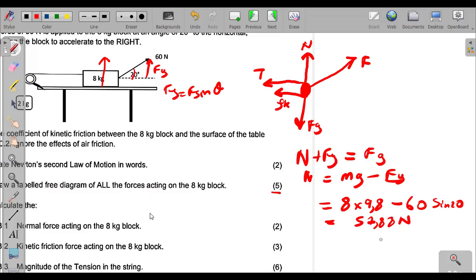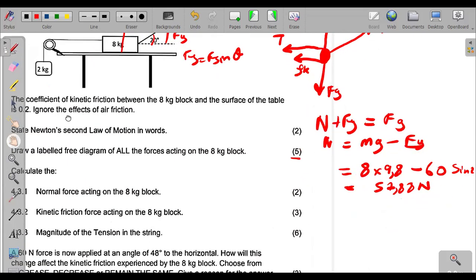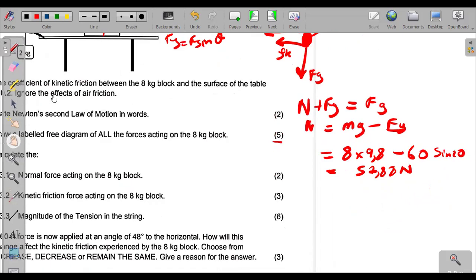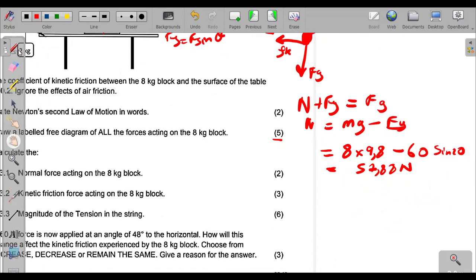Then the next question says determine the kinetic friction force acting on the 8 kg block. The kinetic friction Fk is equal to mu k N, because it depends on two factors: mu k, the coefficient of kinetic friction, which represents the type or texture of the surface, and the normal force.